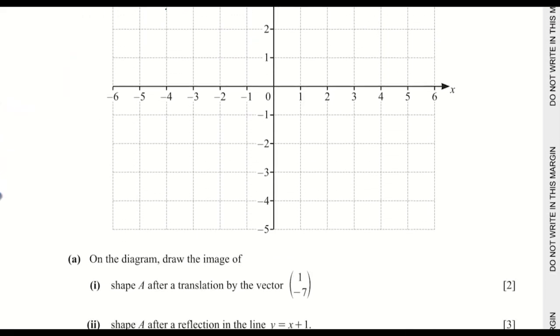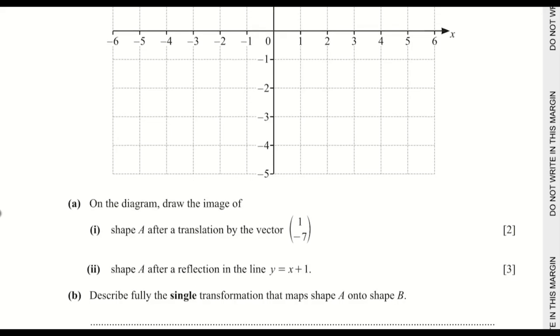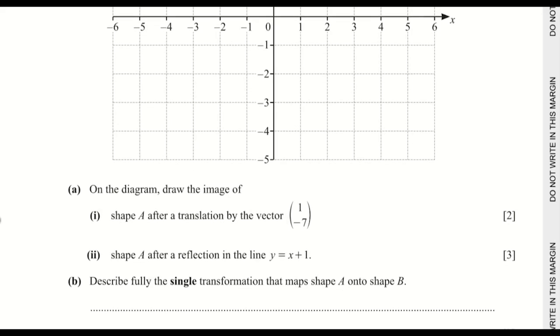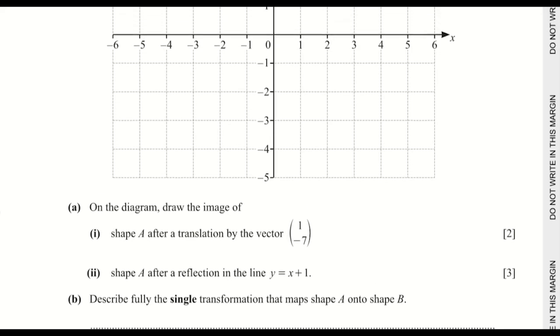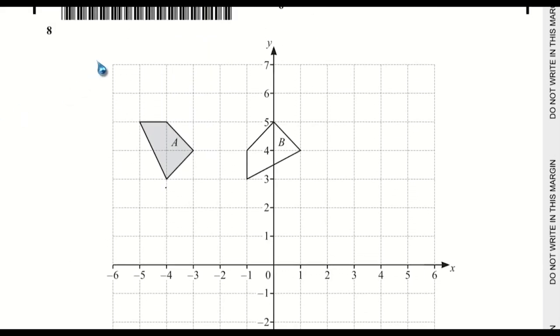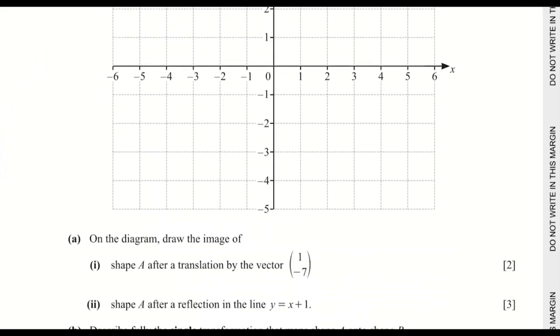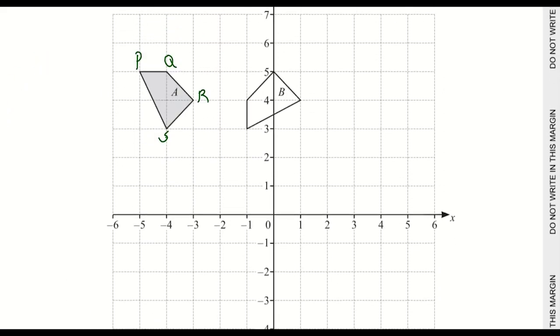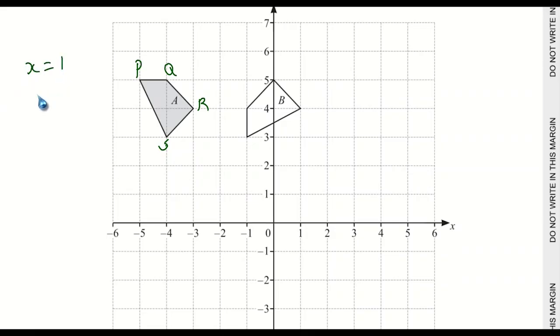Question 8 is on transformation. On the diagram, draw the image of shape A after a translation by the vector (1, -7). The best practice is to always label the vertices. So for shape A, I will label it as P, Q, R, and S. We have x equal to 1 and y equal to -7.